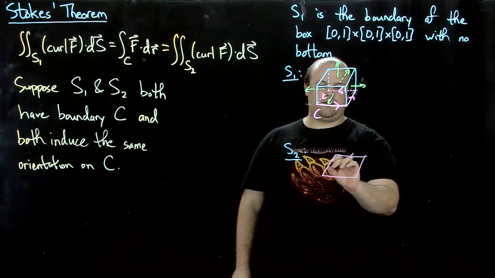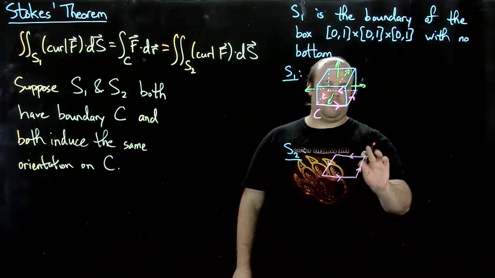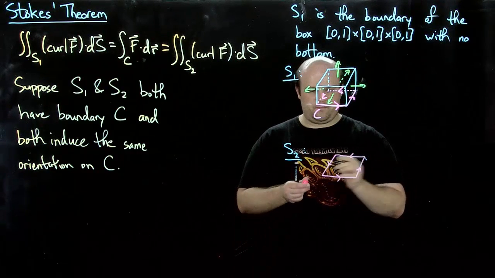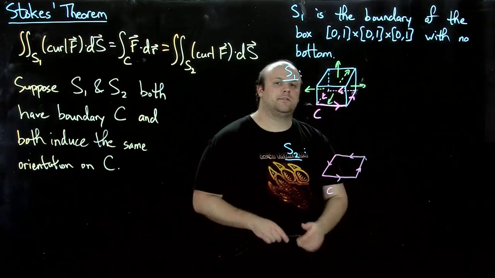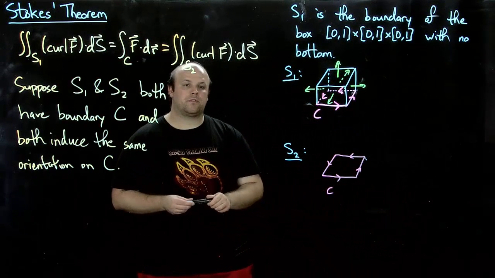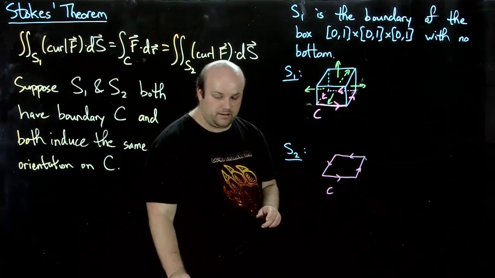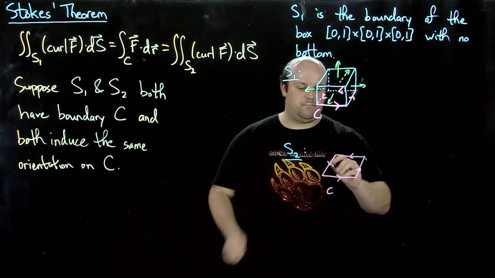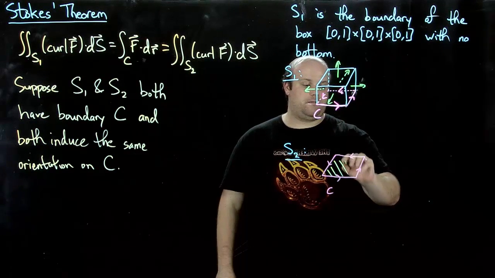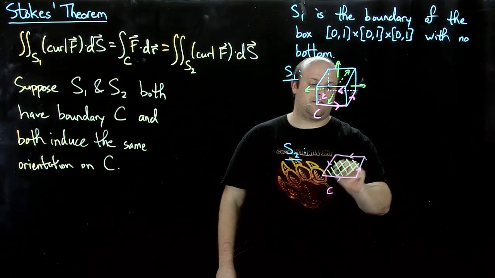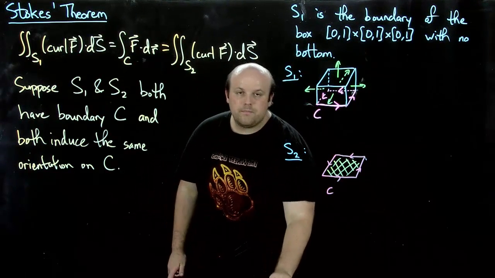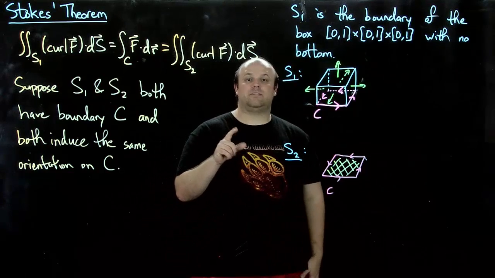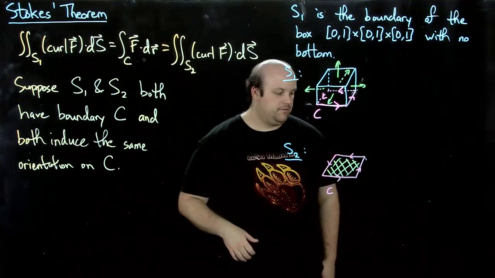So here's C again. Hopefully you're thinking about just filling in that bottom piece that was missing. 1 square is a lot better than 5 squares, right?